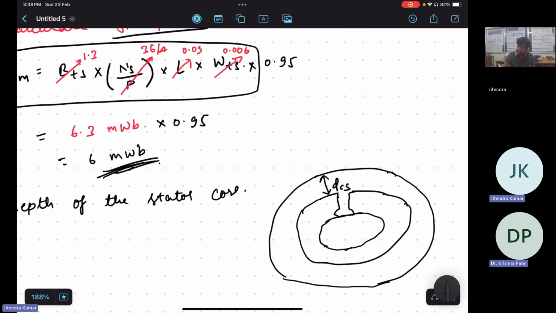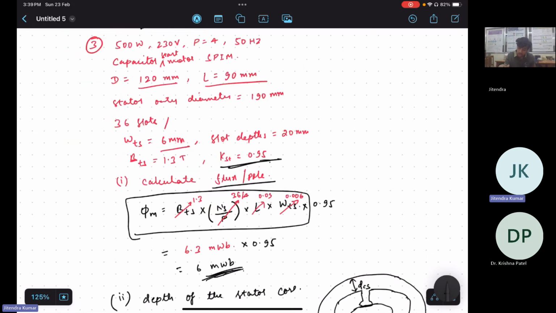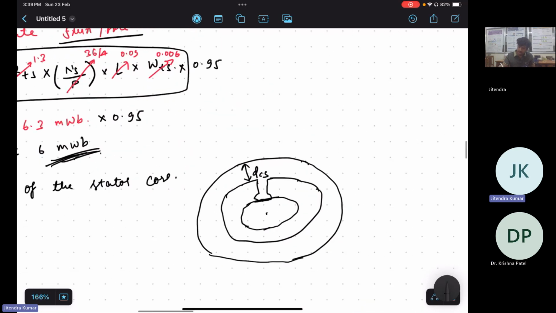Yes, the bore diameter is just beside the air gap, so it will be touching the stator teeth. This bore diameter is mentioned as 120 mm.